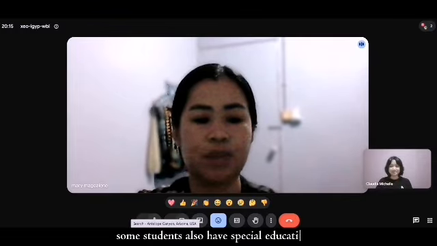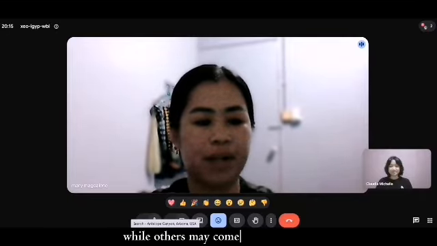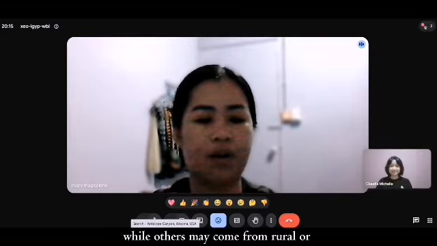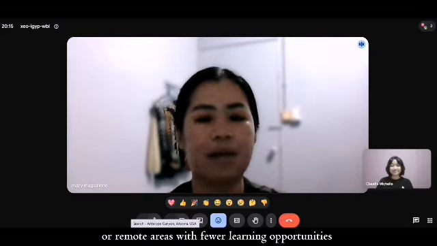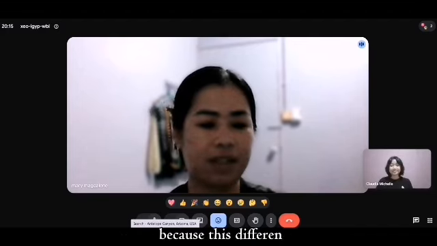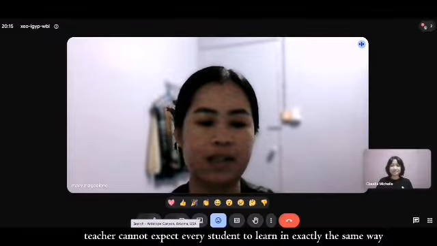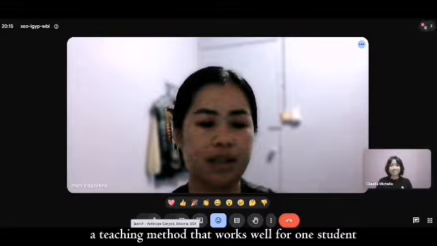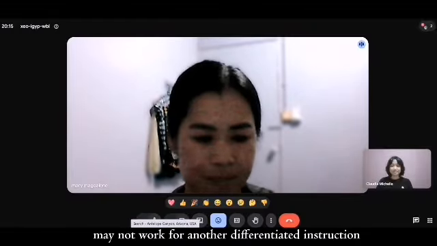Some students also have special educational needs, while others may come from rural or remote areas with fewer learning opportunities. Because of these differences, teacher cannot expect every student to learn in exactly the same way. A teaching method that works well for one student may not work for another.